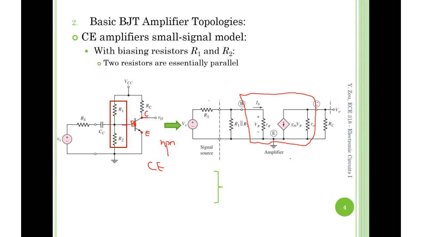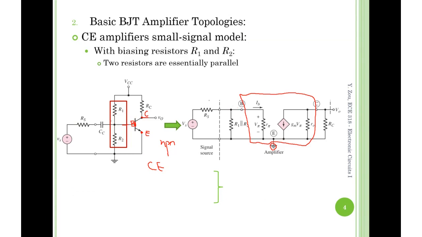So then we extend the terminals. First, which is the easiest one? According to the given circuit, the emitter is the easiest, right? It's directly the ground. Then followed by the base. The base connects to R1, R2.